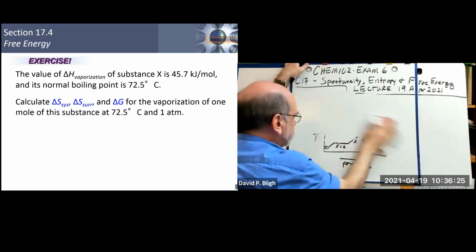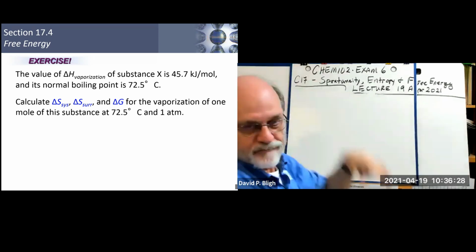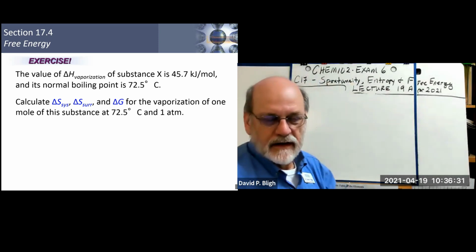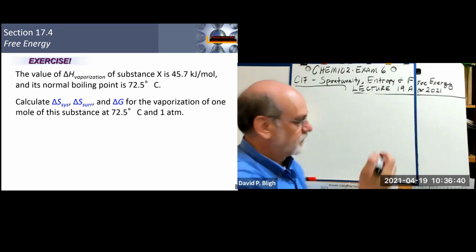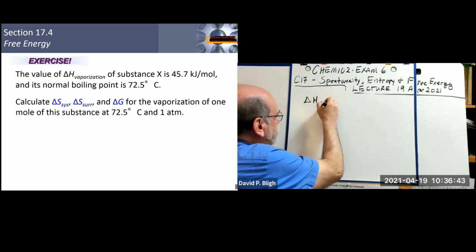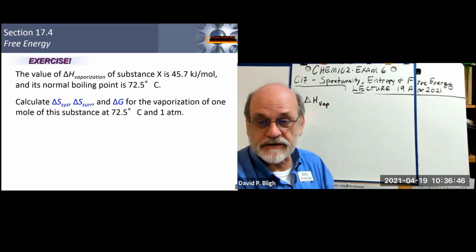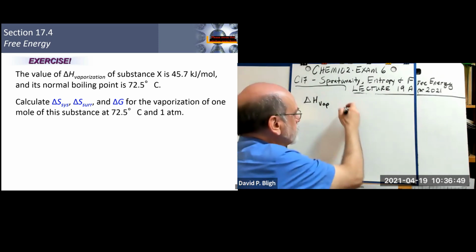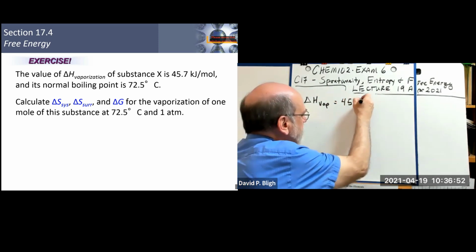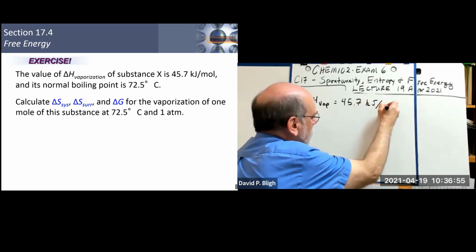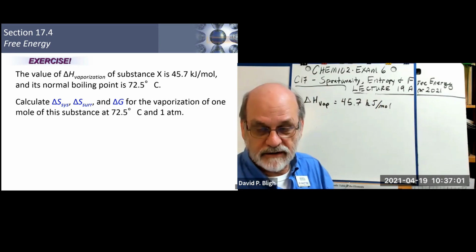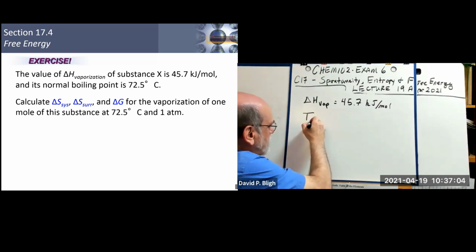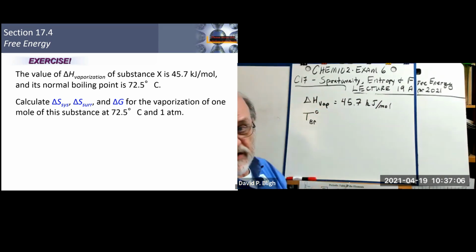Solve this problem. What do we have? The value of delta H vaporization, right? That's boiling of the liquid. Vaporization of a substance is 45.7 kilojoules per mole. And its normal boiling point, put that little 0 there, that means normal.